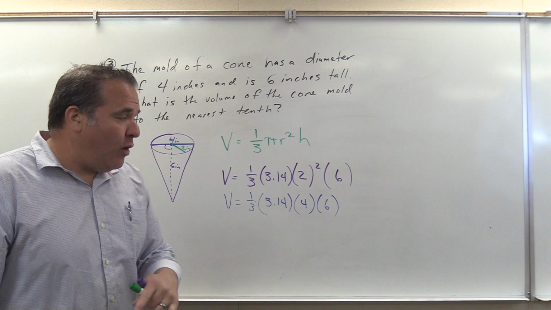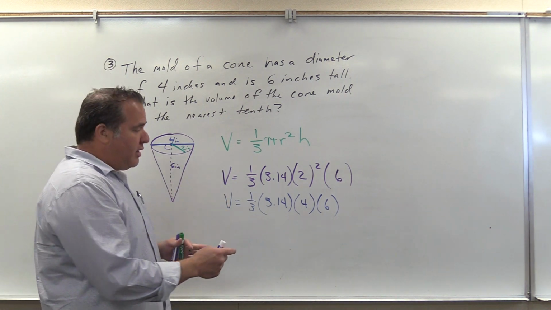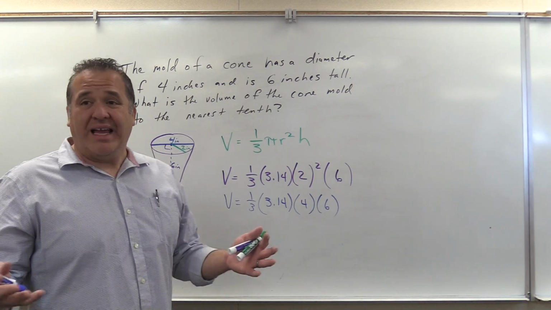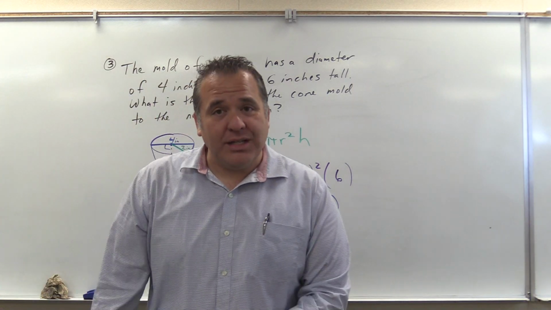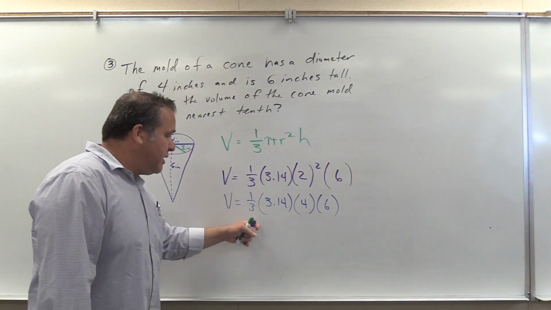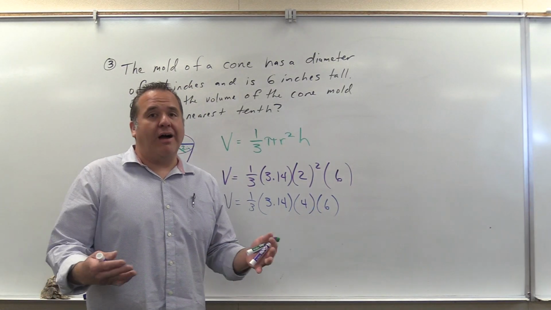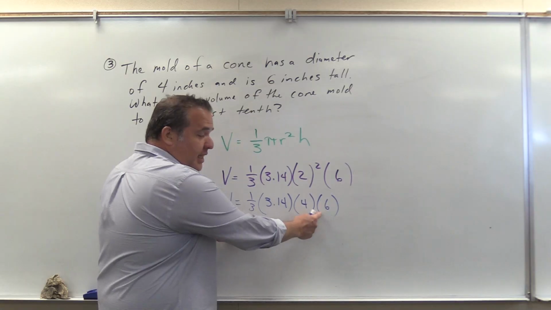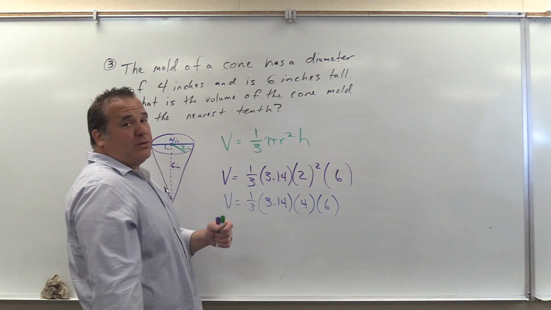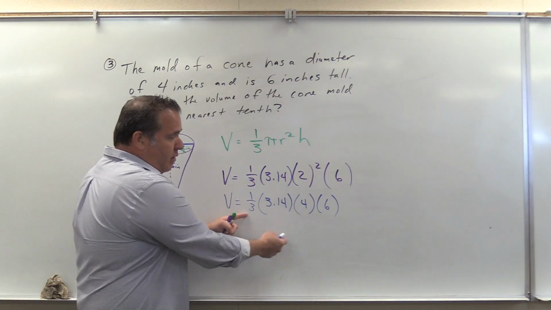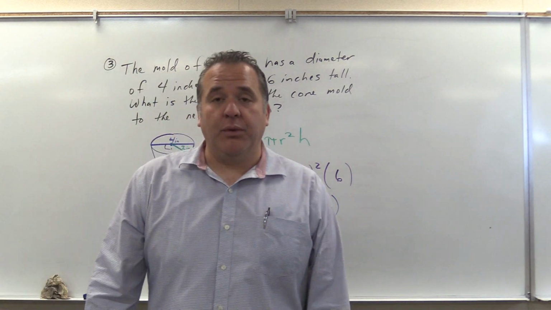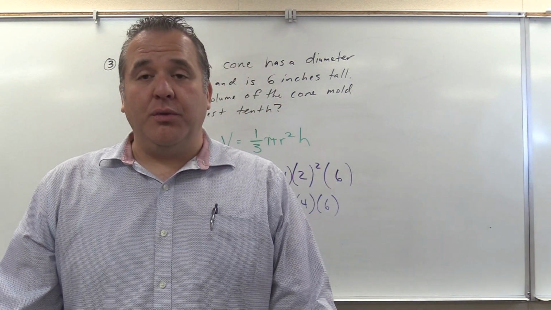What you want to do is look at the rest of your numbers up here and ask yourself, can you do any cross cancel? Cross cancel means you're canceling out this 3 with one of these numbers. If we look, the 3 and the 6 can cross cancel. So if we cross cancel these numbers, this 3 would become 1, this 6 would become 2, and then we'd multiply. And it'd be very simple to do.